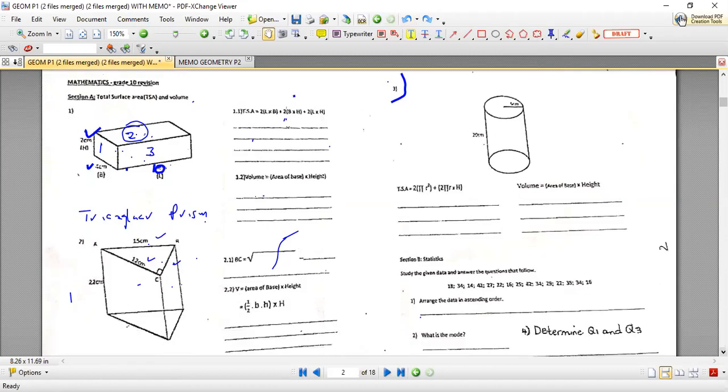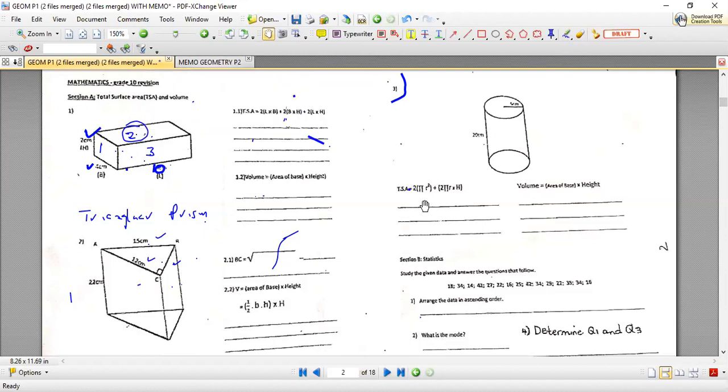Now for the cylinder here, we know that we've got the radius and the height given to us, right? So we're going to use those two dimensions to calculate the surface area of this cylinder.